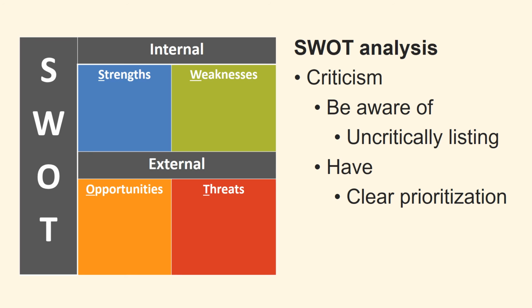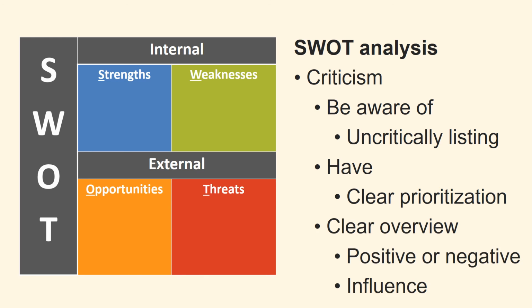It also presents the resulting lists uncritically and without clear prioritization, so that, for example, weak opportunities may appear to balance strong threats. However, the model gives a clear overview of the various elements that affect the company in a positive or negative way, and helps the company to understand whether it can influence these elements.